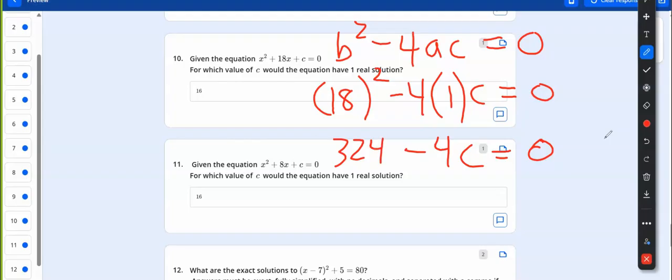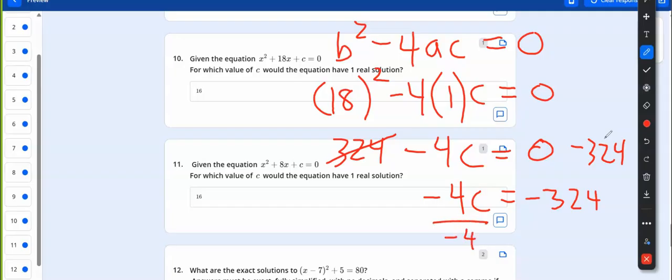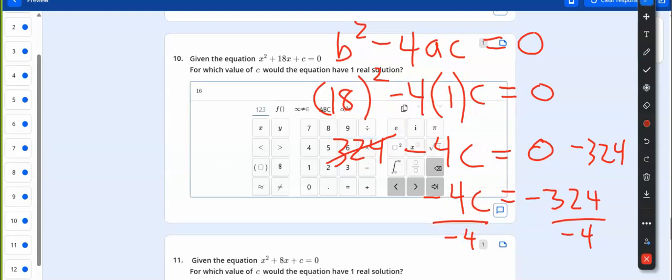Subtract 324. Okay, good. And then divide by -4. Okay. And what do you end up with? 81. Yeah, that was the right answer. That one should have been 81.